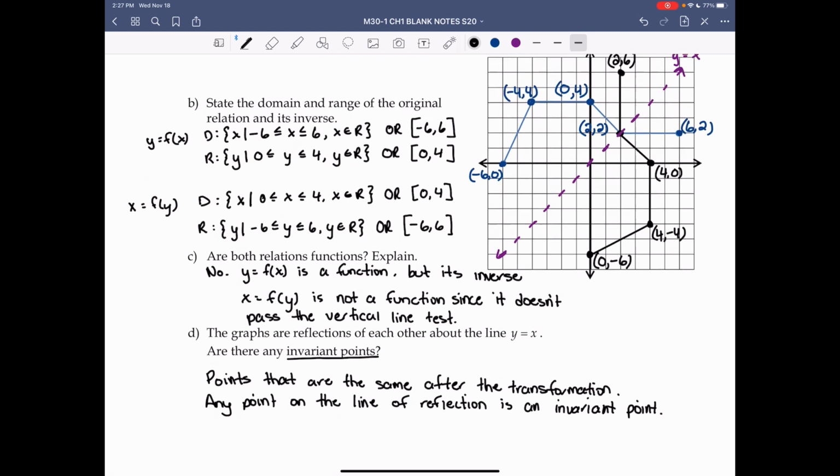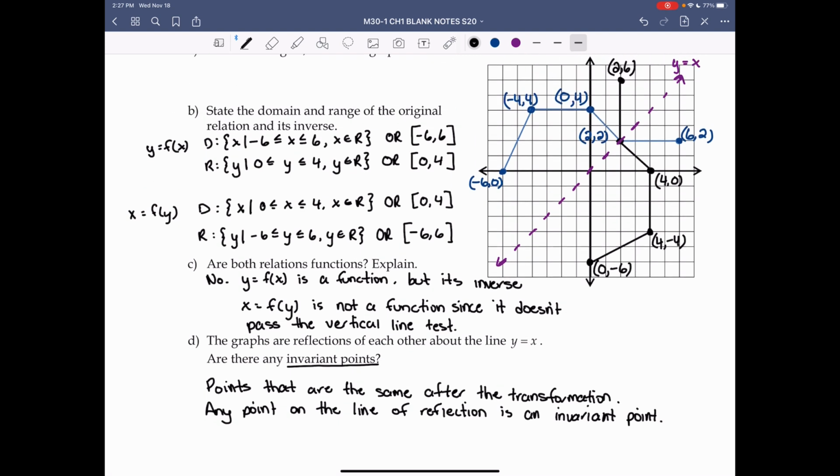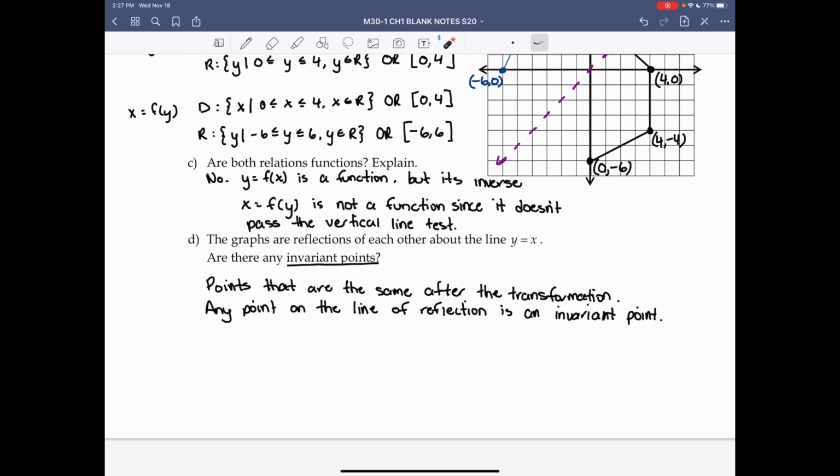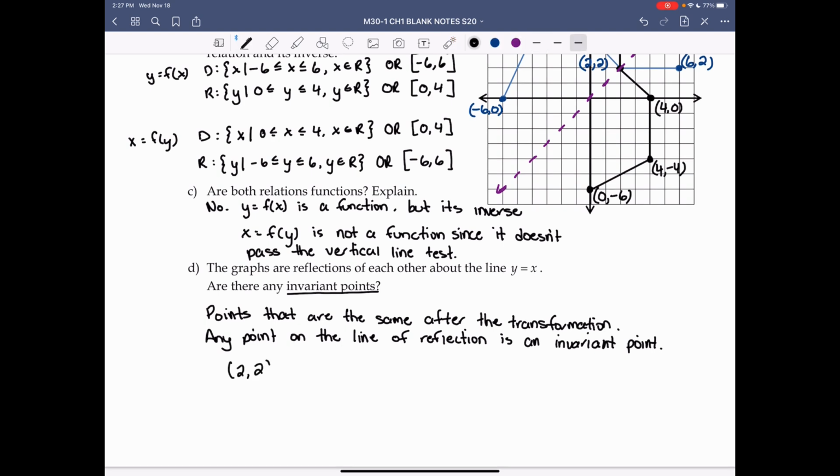For our original relation, we have one point that is on the y equals x line, the line of reflection, and that is 2, 2. So that will be an invariant point, and we see that because it's on both the original function and its inverse. 2, 2 is on the line of reflection y equals x. Therefore, the point 2, 2 is an invariant point.